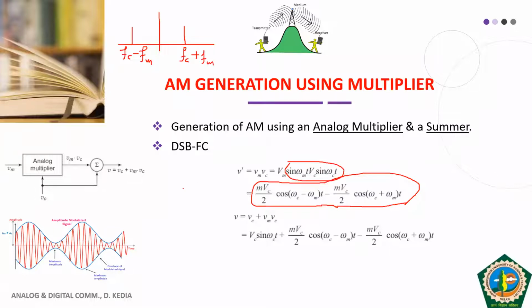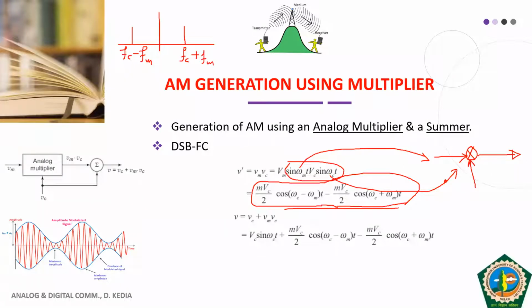If you simply multiply two signals, one signal is your Vm sine omega mt, and another signal is Vc sine omega ct. If we simply multiply these two signals, one your modulating signal and another the carrier signal, we get this form, that is your two sidebands.